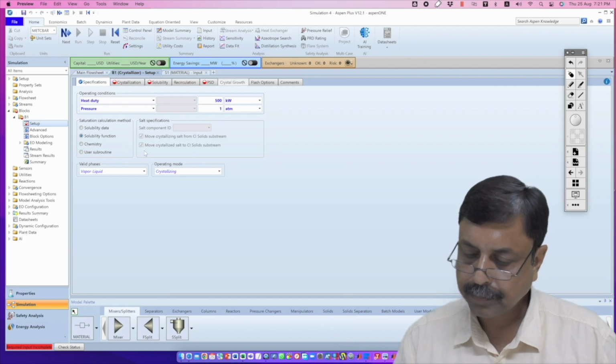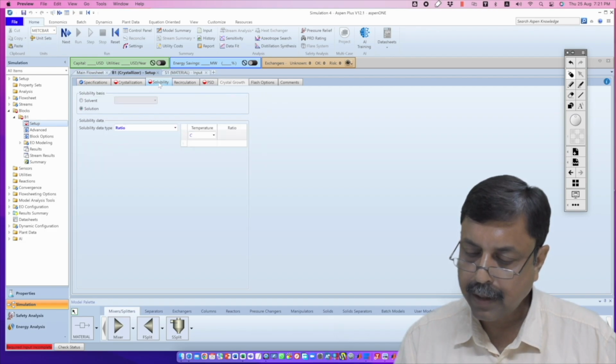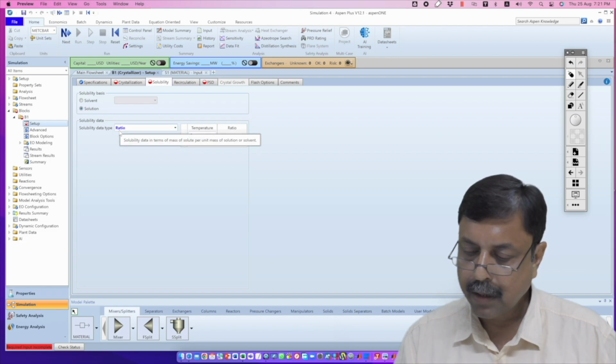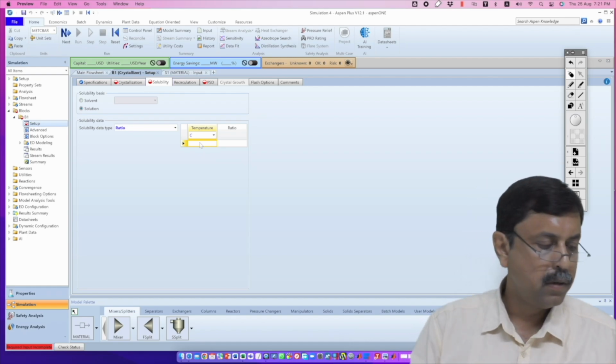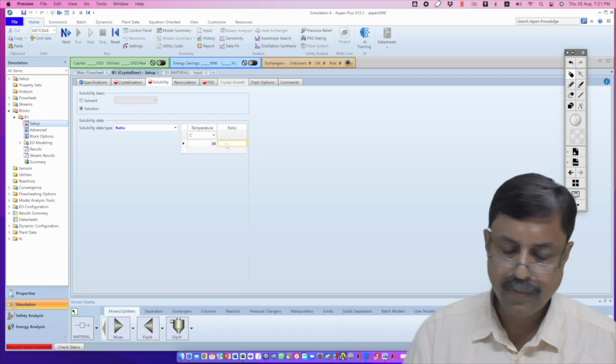And the solubility data we have to provide. Now here is the solubility data. As per the problem, we have 30 degrees and 0.4.